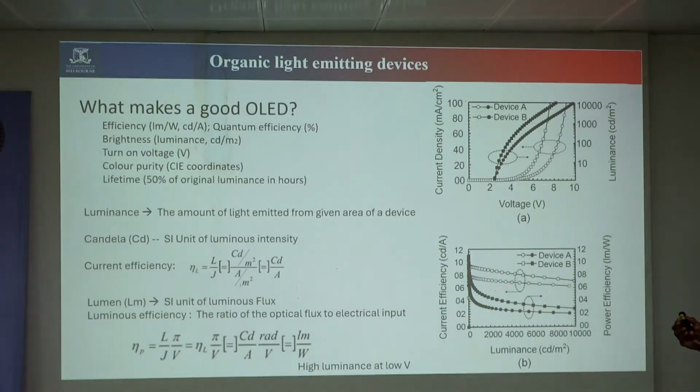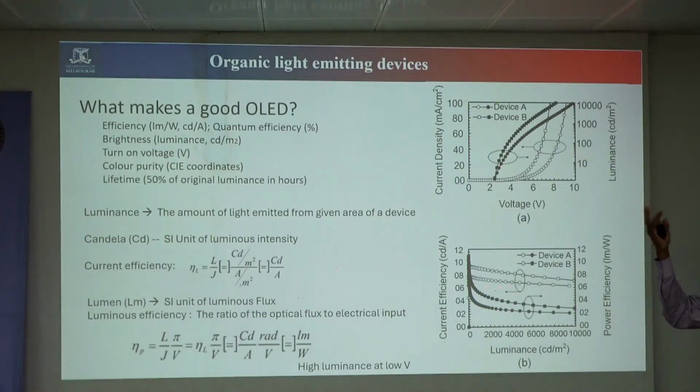I already went through photovoltaics, what the characteristics are, which tell you which is more efficient. Like this, in light emitting devices also there are some factors which tell you the performance. First thing is efficiency, as I said, quantum efficiency. In OPV, it is how many electrons we generate per photon. If you have 1 electron out for 1 photon, it is 100%.